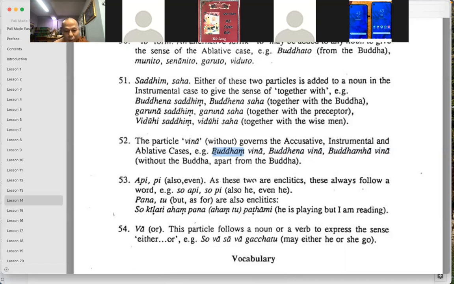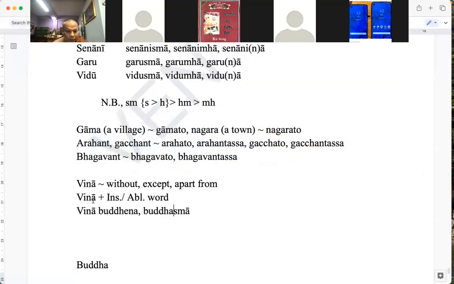Here I skipped one more thing I missed. With Vina, I said just instrumental and ablative. Actually, the other one is accusative also. So there are three of them, one of these three, anything you like, but the meaning is the same. We know both of them without a Bodha, or we know Bodhina, we know Bodhasama. Okay, so three cases are possible together with we na.